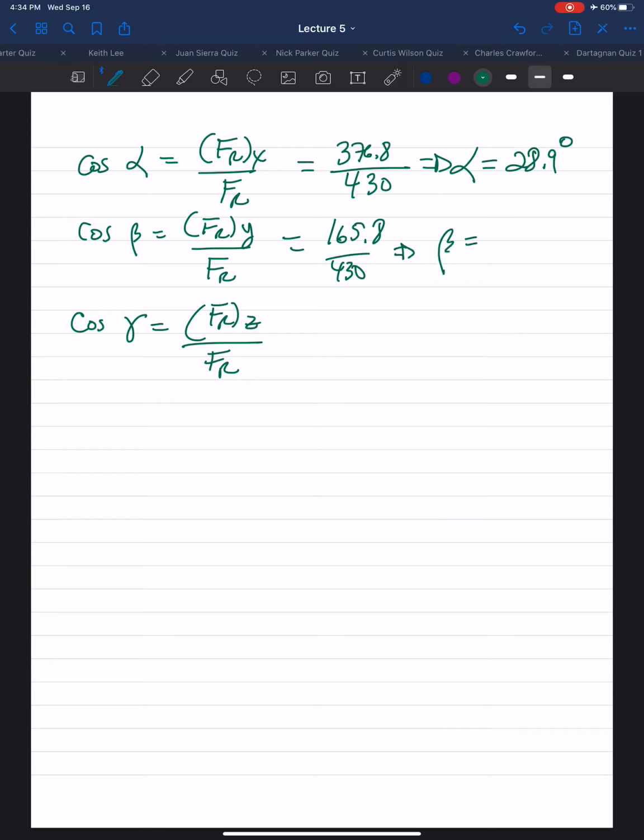Angle beta is 67.3 degrees. And the angle gamma is 107 degrees.